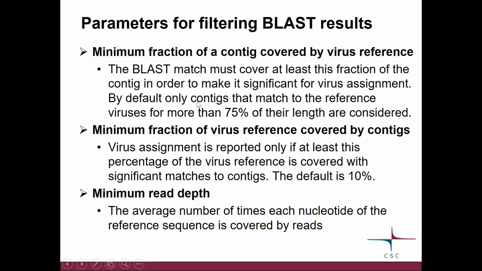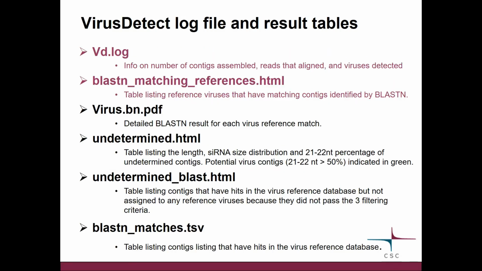So typically only contigs which match by at least 75% of their length are reported. And also the other way around, in order to report a virus reference match, you might require that at least 10% of that virus must be covered by your contigs. And you can also set a parameter to require a certain minimum read depth.